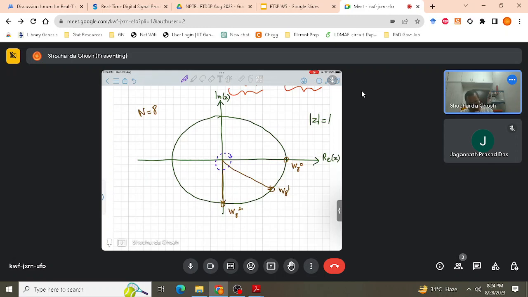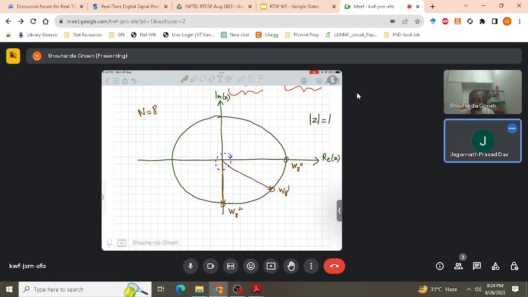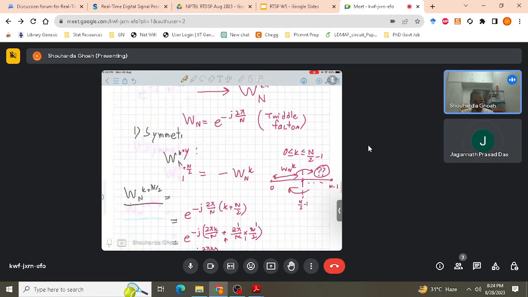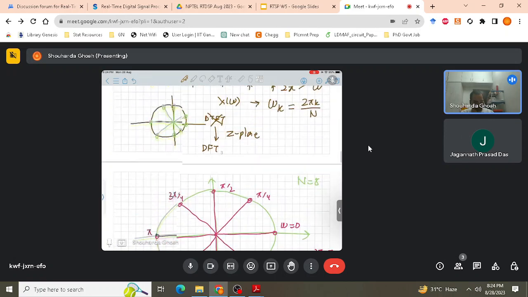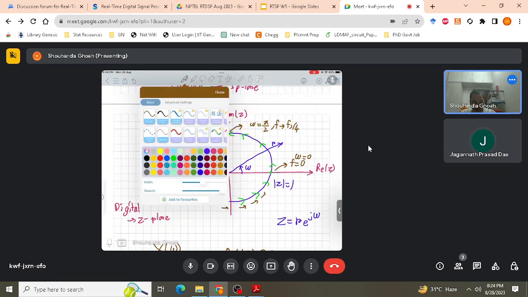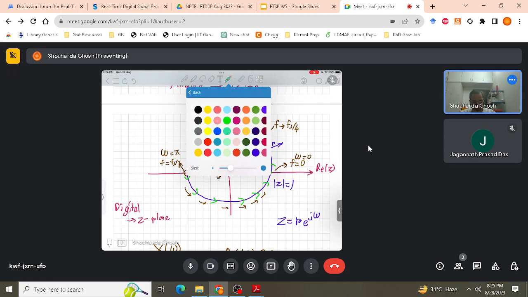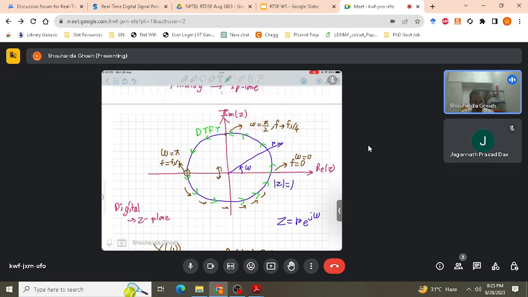Okay. So similarly, we can draw the other. Yeah. Sir, I had a doubt. Previously, you showed the arrow going in a different direction for DFT. You're talking about this, right? Yes, sir. Okay. So here, what I'm showing is that when I calculate DFT or DTFT, we move in this direction from low to high.